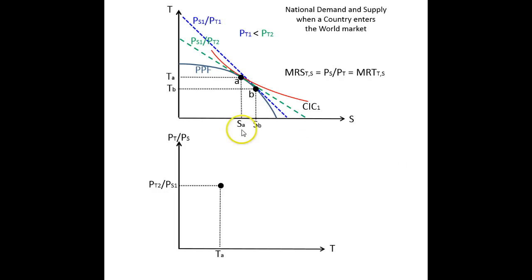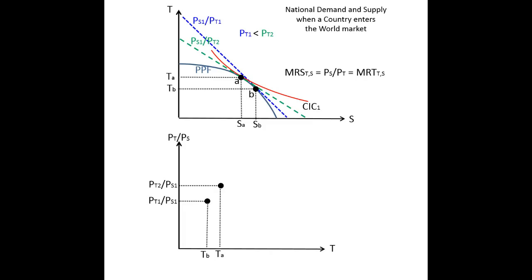So we have increased our production of S, and therefore we must reduce the production of T, because we have to move downwards along the PPF. Down here on the T axis, we see that we now produce a smaller amount of T due to the fact that the relative price of T has come down.